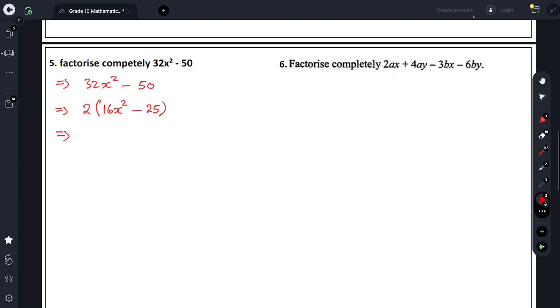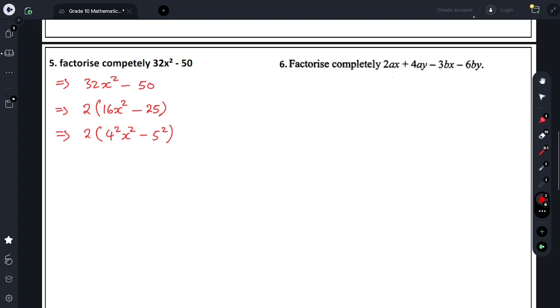You notice what is in the bracket can be written as squares. So we can say 2, open brackets, 16 can be written as 4 to power 2, then x to power 2 as usual. Then 25 can be written as 5 to power 2, because 5 times 5 gives us 25.